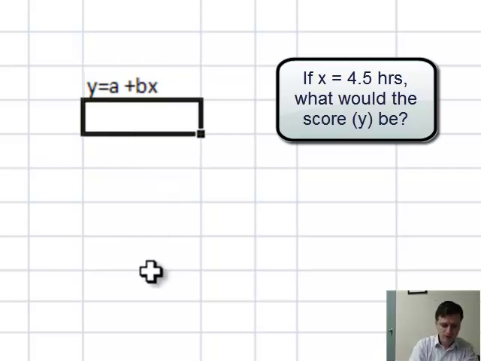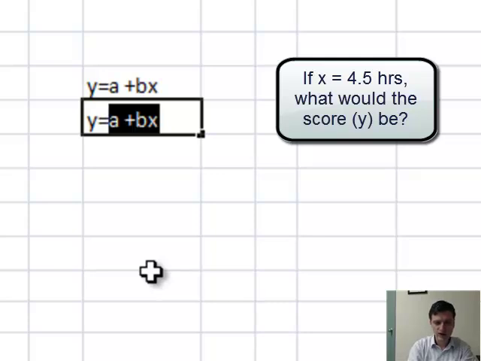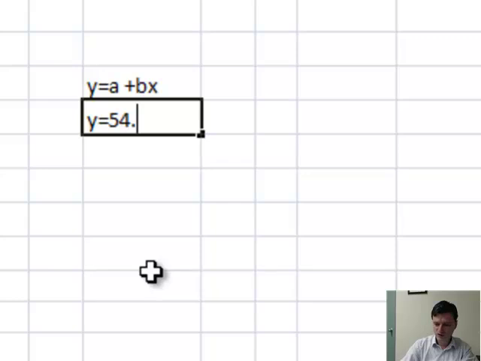So y is the exam score that we're trying to predict. Y will be equal to a, which is 54.65. I will just write this here so that we see the formula, but when I do the calculation, I will use the real a because it has many decimal points and it will be a little bit more accurate. So that will be 54.65 plus the b, which is 3.78, times 4.5, which is 4 hours and a half.